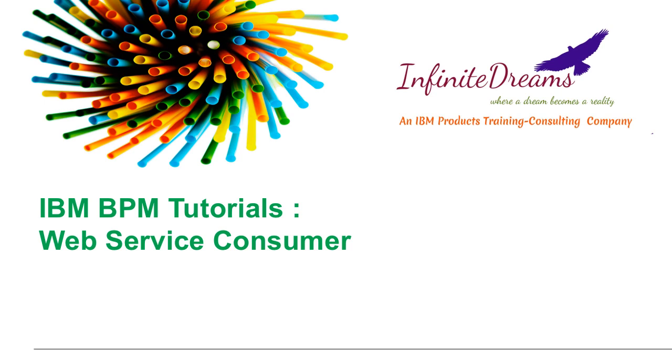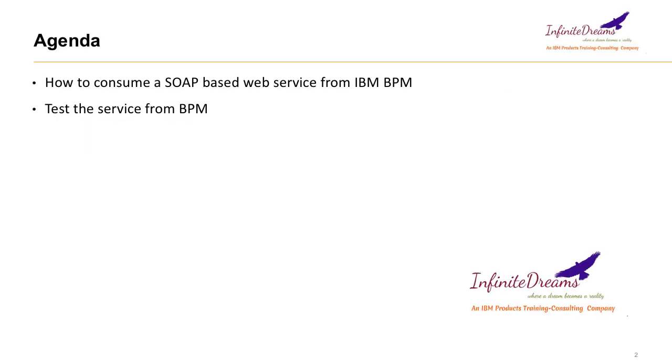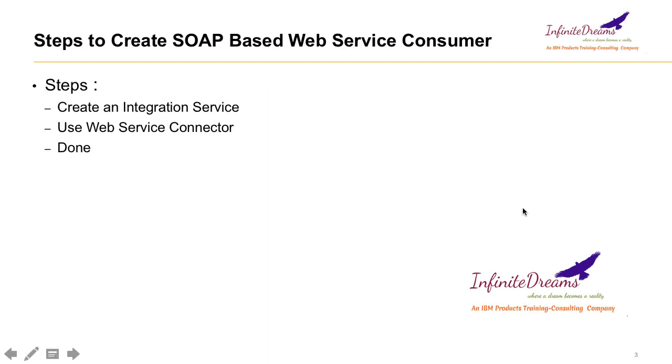There will be an external system which will have some service, and that external system will expose that service as a web service, and BPM is going to consume it. So we are going to develop the service in BPM and test it.